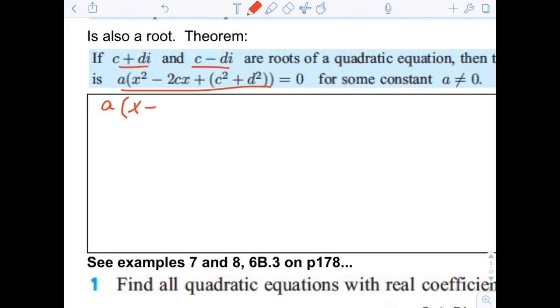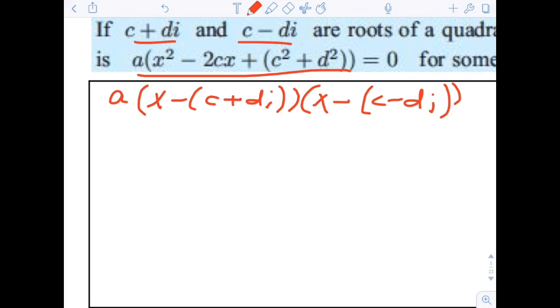So we'd have a times (x minus (c plus di)) times (x minus (c minus di)). Now we're going to FOIL. So a times x squared, minus (c plus di), minus (c minus di).